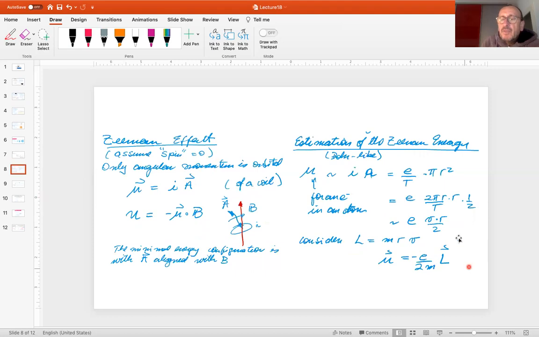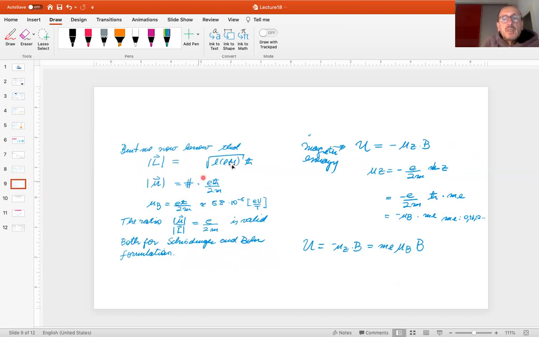Okay, so we have this expression for the magnetic moment, but we know that L is quantized. So this is going to be the thing. And if this is the thing here, I replaced essentially the modulus of the magnetic moment by a factor which is a number, the square root of L times L plus 1.